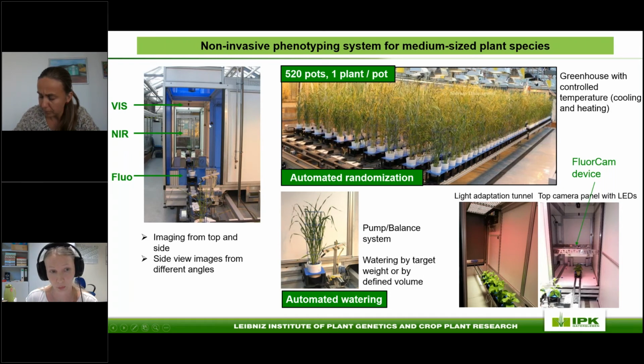And in front of the imaging towers, which is not visible here, since the DPPN project we have this PSI camera panel installed in the first chamber of the RGB cameras, and you can move it in on demand. And in front of these imaging towers is now a light adaptation tunnel, where you could also dark adapt plants if you would want to, but usually we use it for light adaptation.